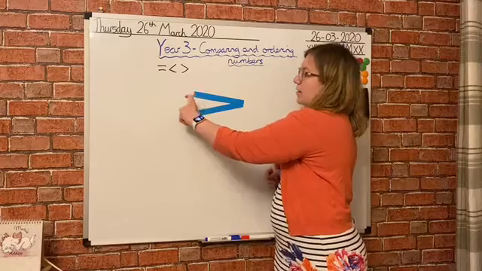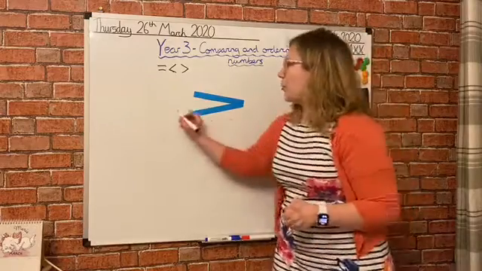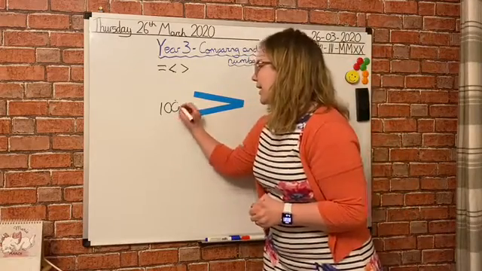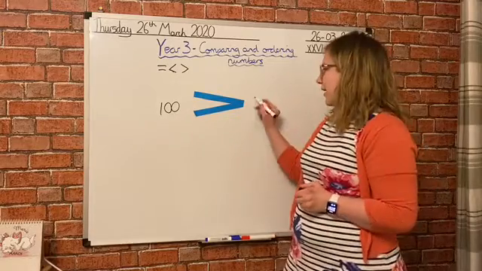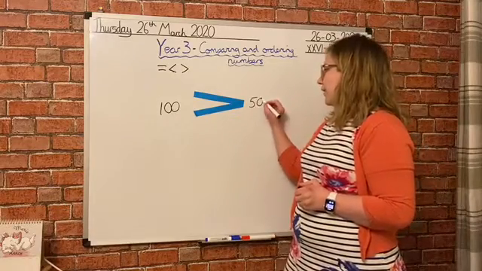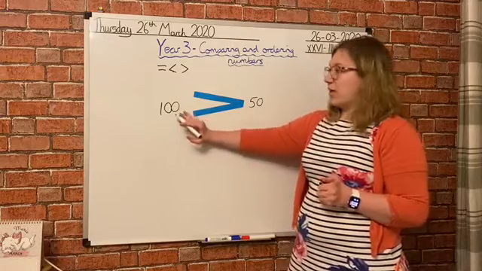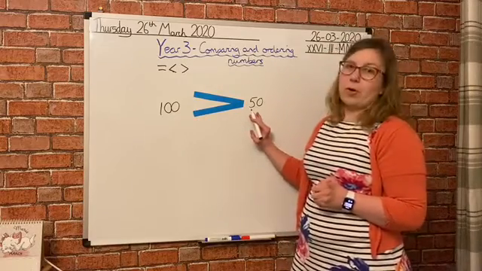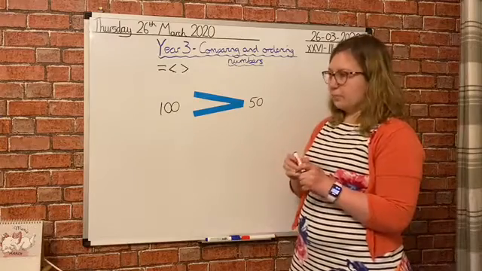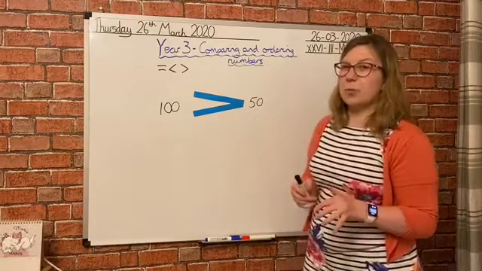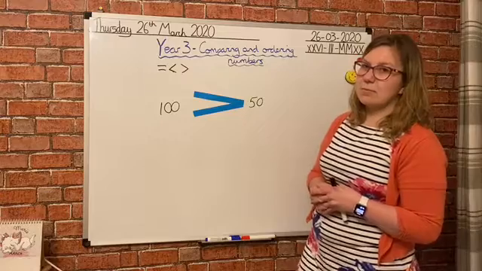So this would be, for example, 100 is bigger than or greater than 50. The value of the number on the left, the wider end of this, is worth more than the number on the right.